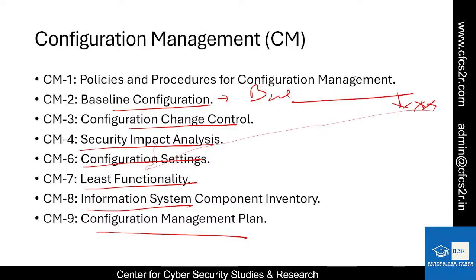Okay. Then we have the concept of CM7, that is, least functionality. See why least functionality is very important: whenever we are trying to set up something, least functionality basically reduces the attack surface. Enterprises should select components that allow the flexibility to specify and implement least functionality.